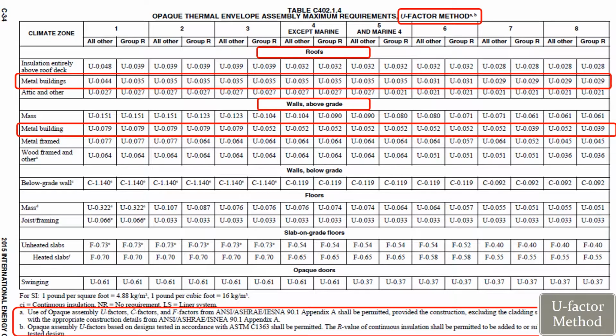Note B points you to ASTM C1363. Basically what it says is you can use assemblies provided by your product manufacturer as long as they tested the assembly according to this ASTM standard.